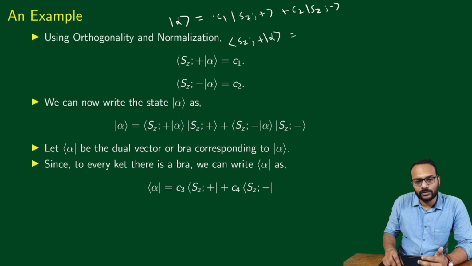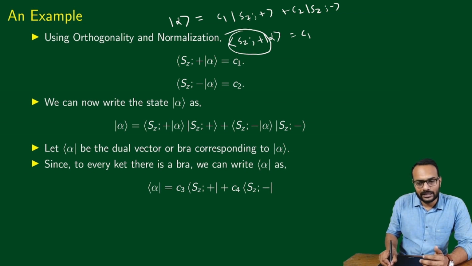Since it doesn't matter where we put this number, we can write this as C1. I'm just pushing a bra Sz plus from the left. Since this is a number, I can simply take it to this side, and then this becomes C1 ⟨Sz+|Sz+⟩ plus C2 ⟨Sz+|Sz−⟩.